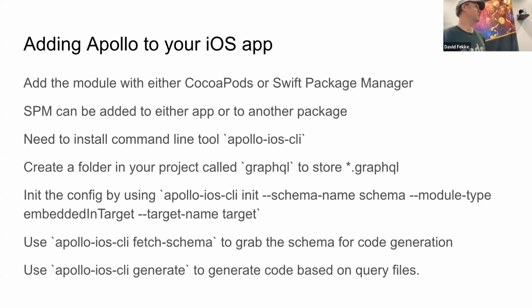There's a command line tool called Apollo iOS CLI. The previous command line tool was actually a node-based tool, but they recently replaced it with a Swift-based command line tool. So that's just been in the last year. What's even more recent is that with the latest release of Xcode 14.3, they had a really nice feature with Apollo that automatically installed the CLI for you when you imported their package.